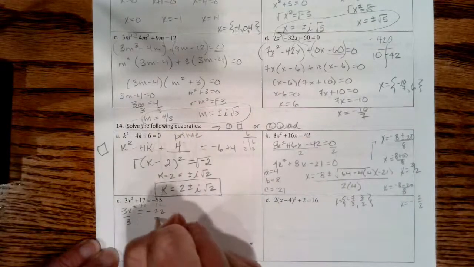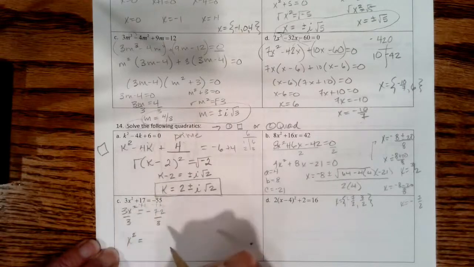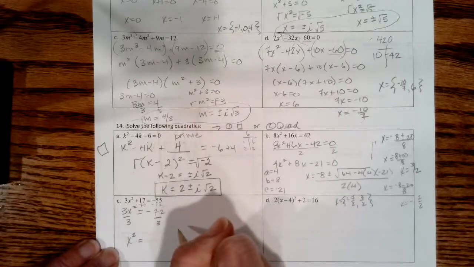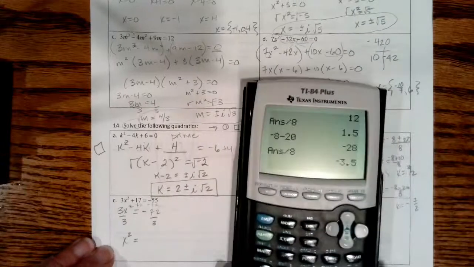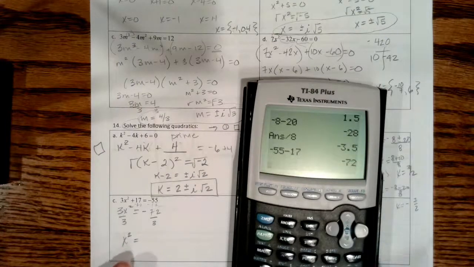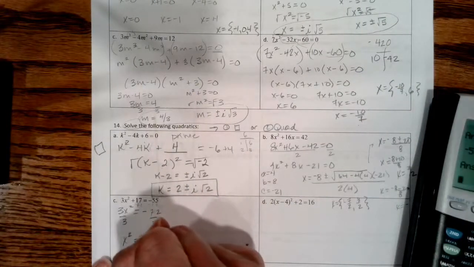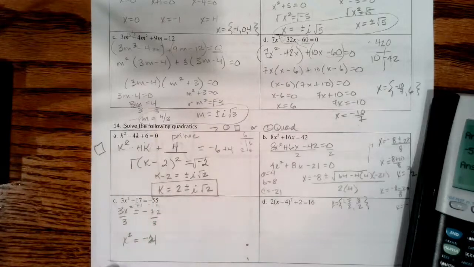Divide by 3, x squared is equal to... 3 into 72, I want to say 14, but let's double check this math. Negative 55 minus 17. All right, divided by 3, 24. X squared is equal to negative 24.